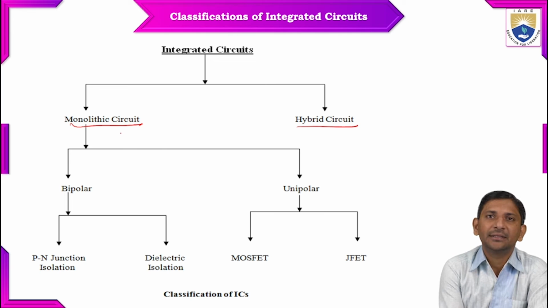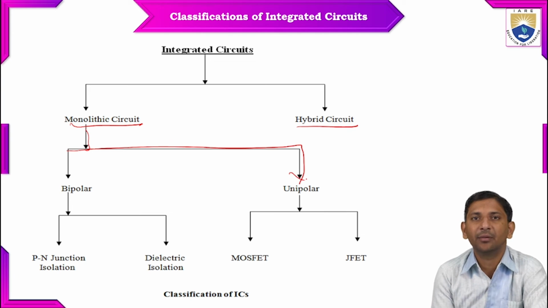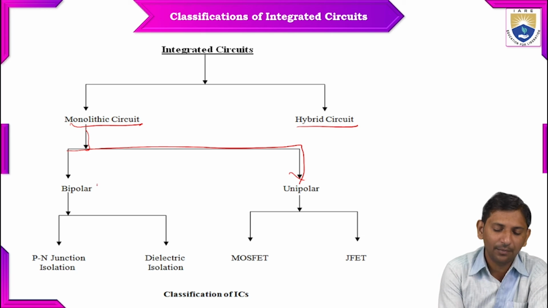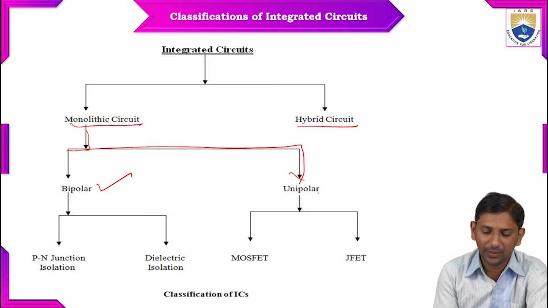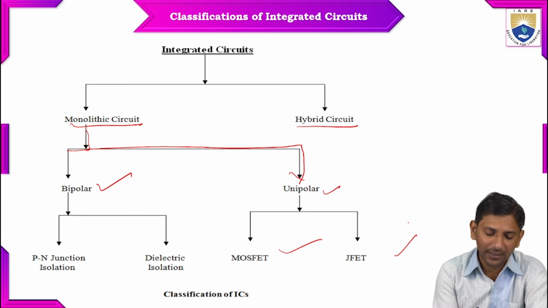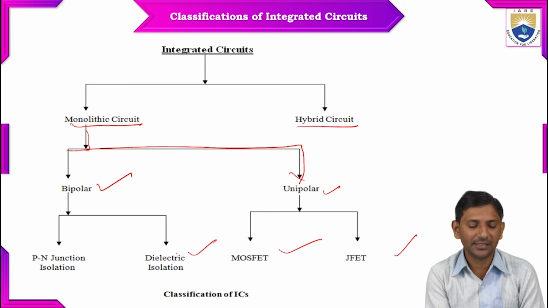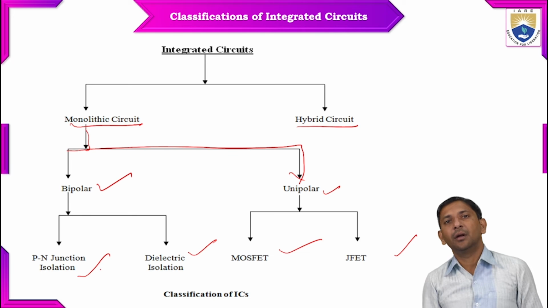Monolithic circuits can be designed using transistors. We use bipolar and unipolar transistors. In unipolar we use MOSFET and JFET, and in bipolar we use isolation dielectric material and PN junction diodes.